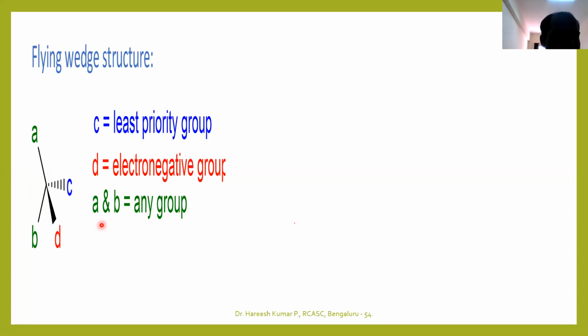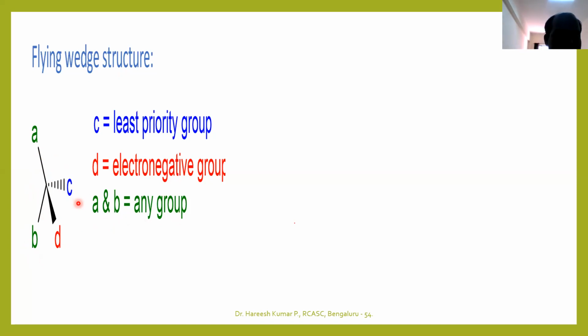And here, what you need to remember is that the wedge bond is towards the observer, and the broken line bond is away from the observer, and these two are on the plane. The flying wedge structure is nothing but a three-dimensional structure of a chiral compound. That's what you need to remember. So with this, I will go to the next slide.